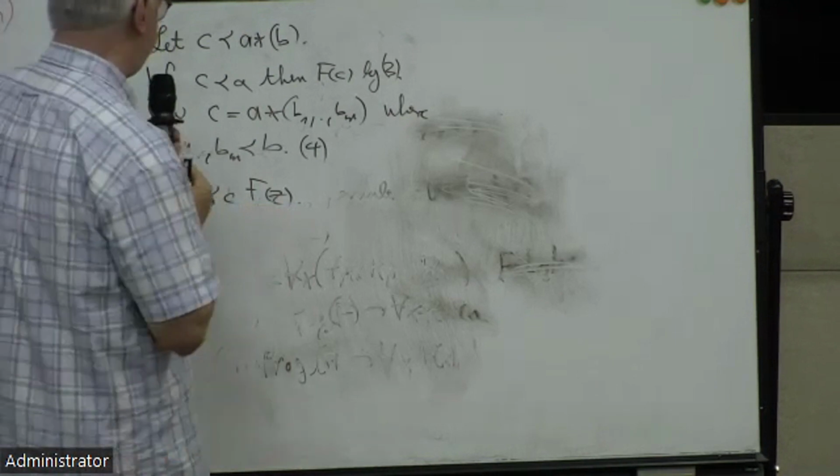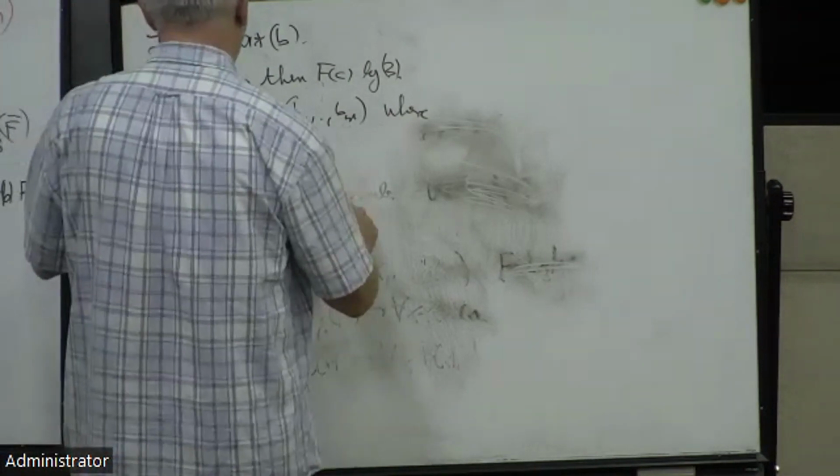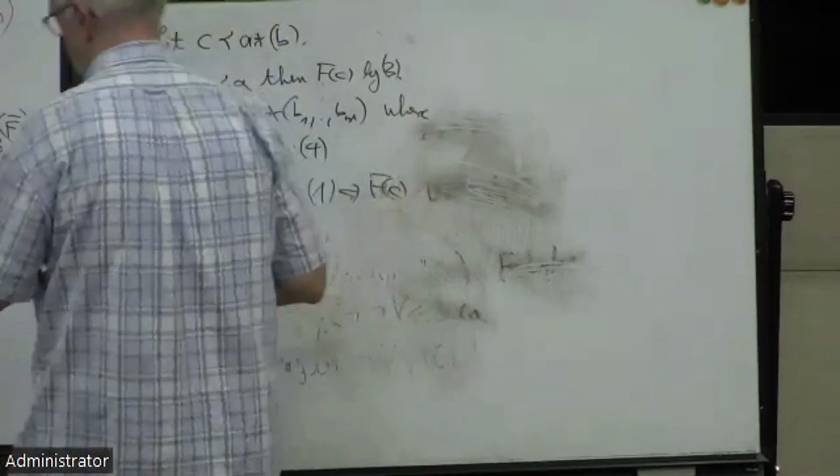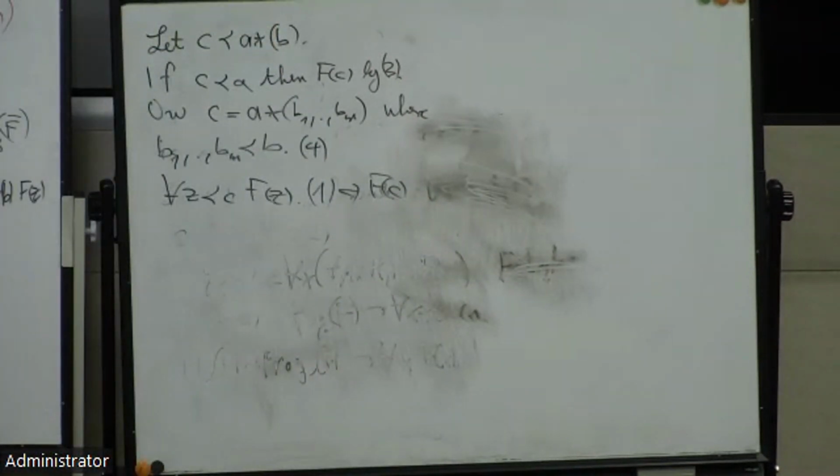So by 1, we obtain f of c. So you see the proof fits nicely together. You just do it step by step. If you have written down this formula f bar, it follows more or less automatically by some case distinction. More or less, of course, you have to fill in the details.